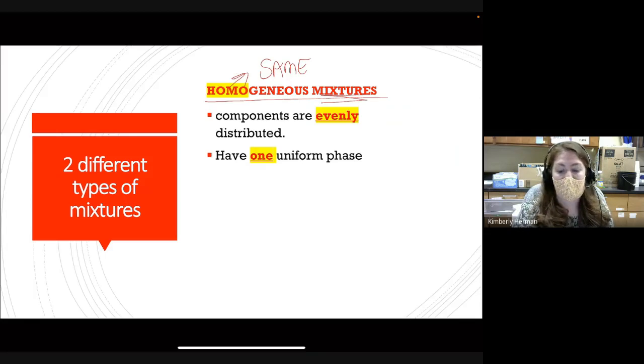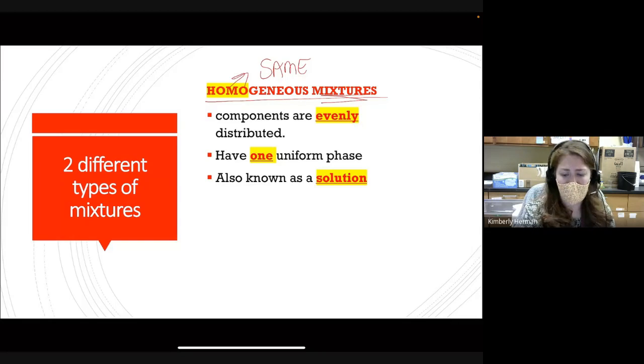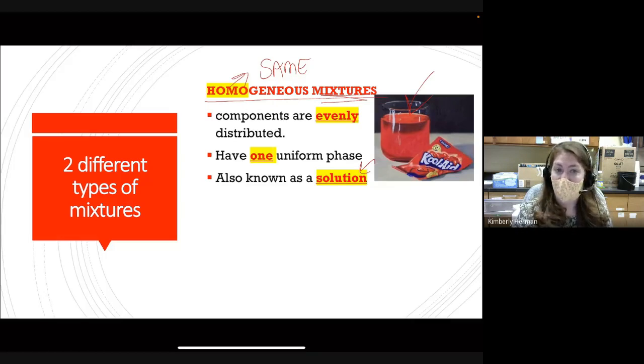We can also call them a solution. We do use the broad term solution with these different solutes in our solutions, but we can also call something like our Kool-Aid a homogeneous mixture because it looks the same from the top to the bottom. So we would say this is a Kool-Aid solution, or we could say a Kool-Aid homogeneous mixture.